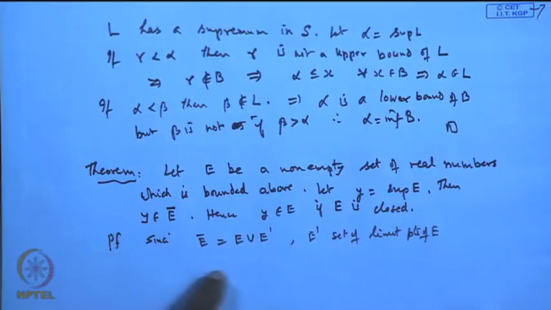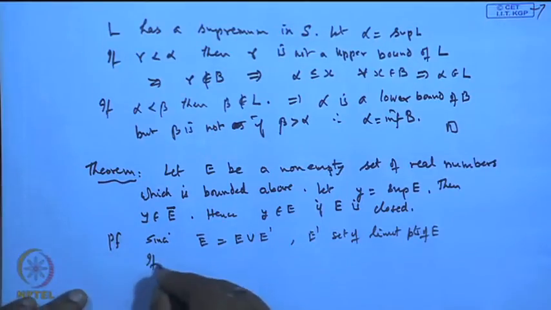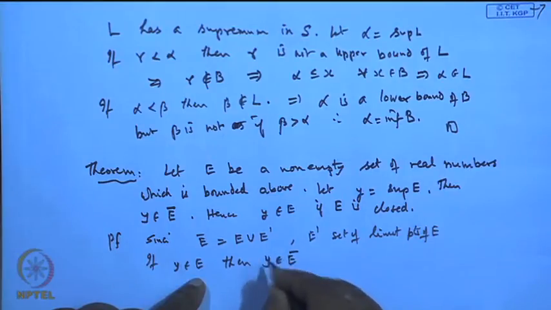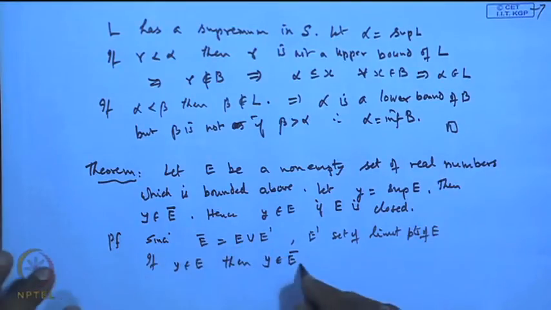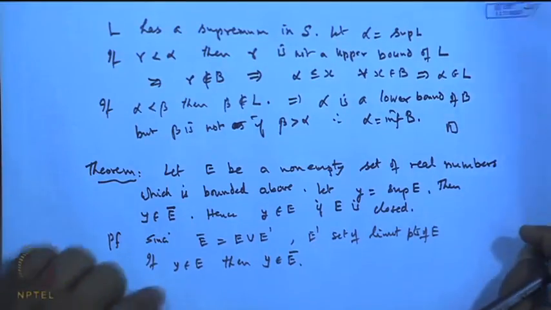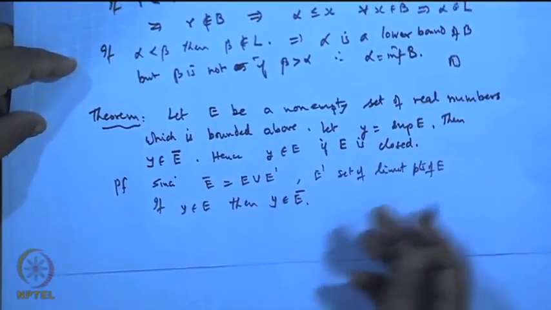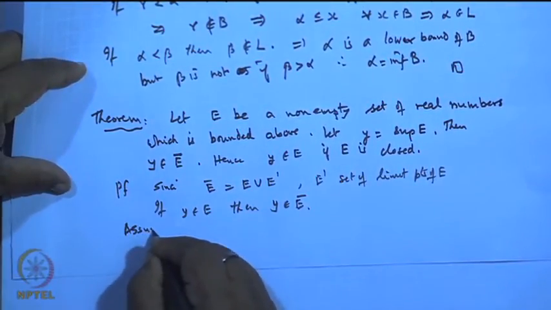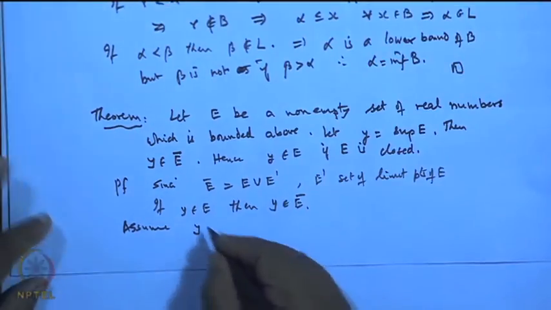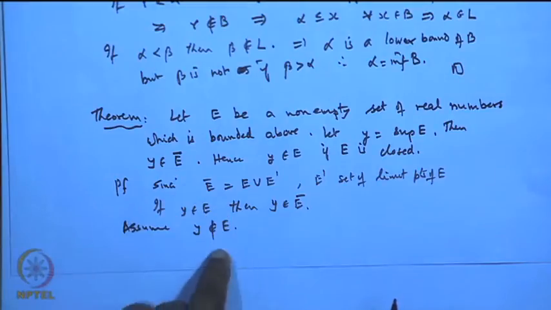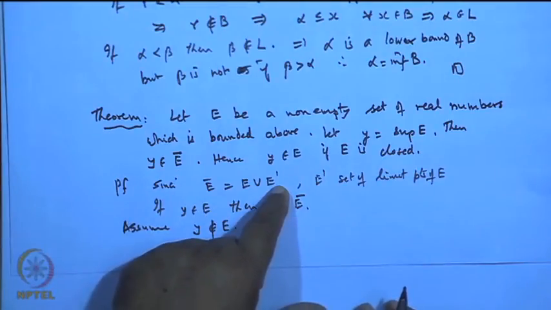Now, if y belongs to E, then obviously y will be an element of E bar, because it is the union of E and E dash. So, nothing to prove. So, let us suppose y is not in E, but we wanted to show y is in E closure. It means y must be a limit point of E. So, that we wanted to prove.